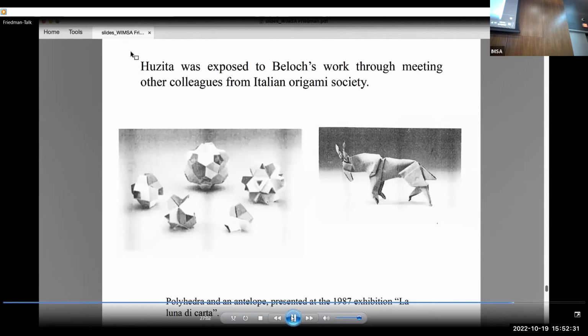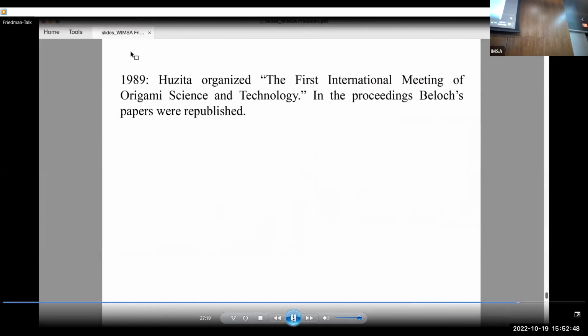It is a somewhat interesting remark, since Huzita himself published only in Italian until this point. Encouraged by these meetings and discoveries and by his attendance at the conference called Symmetry of Structure, Huzita decided to organize the first international meeting of origami science and technology.